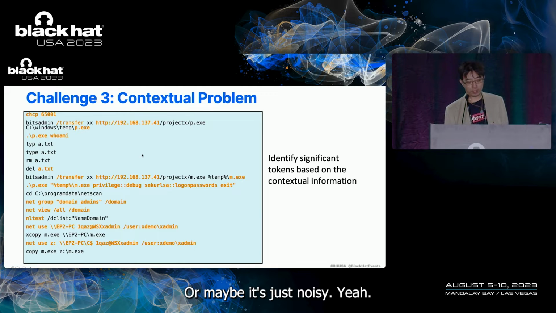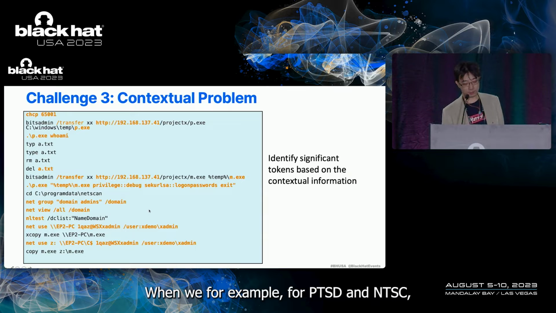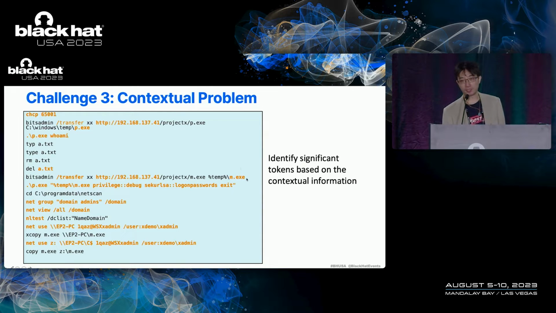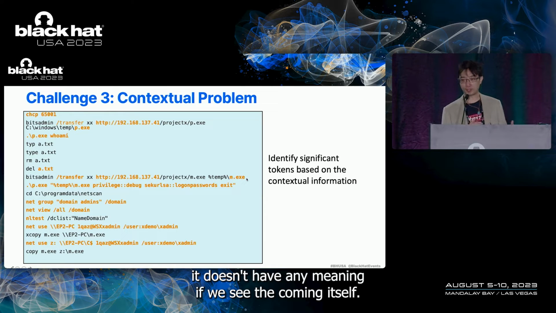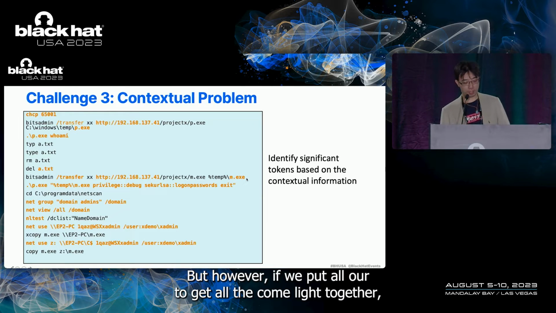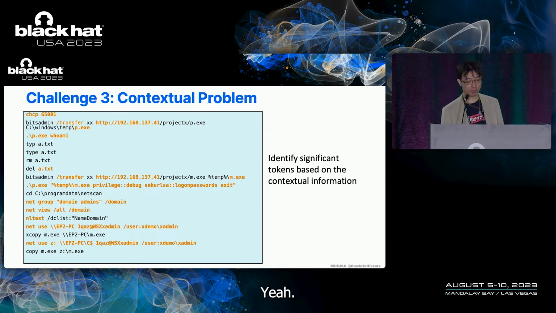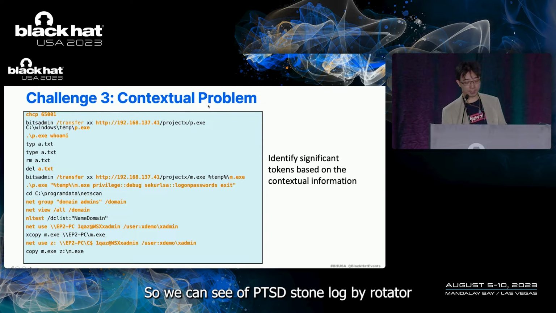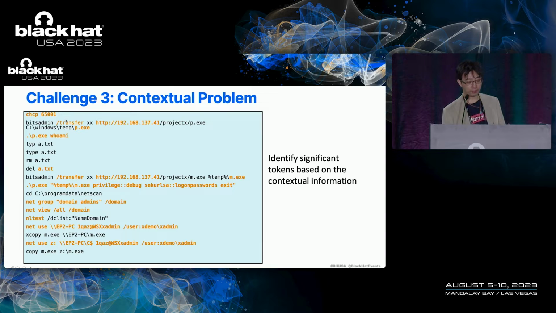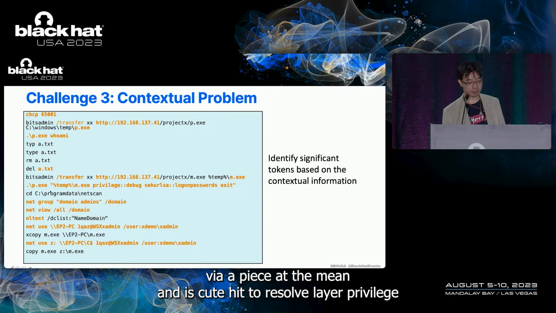And the second is that, for example, p.exe and m.exe don't have any meaning if we see the command itself. However, if we put all the command lines together, then the meaning of these tokens emerges. We can see p.exe is downloaded by the attacker via bitsadmin and executed to raise their privilege.